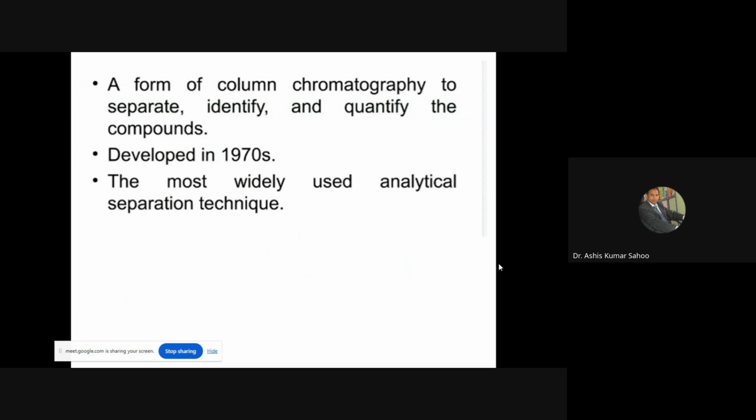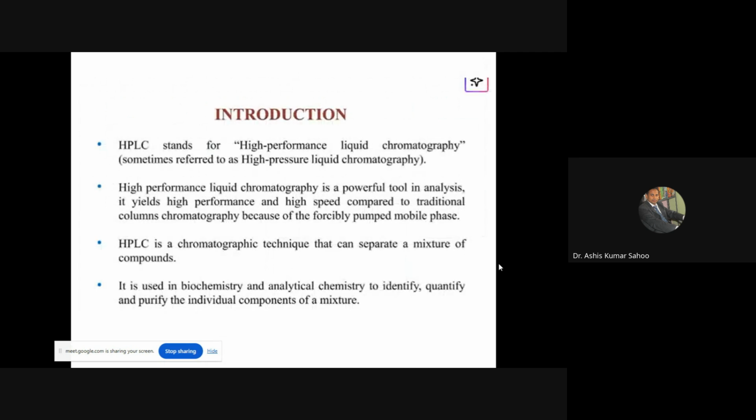The most widely used analytical separation technique is HPLC. HPLC stands for high performance liquid chromatography, sometimes high pressure liquid chromatography. HPLC is a powerful tool in analysis. It yields high performance and high speed compared to traditional column chromatography because of the pressurized mobile phase. HPLC is a chromatography technique that can separate a mixture of compounds.